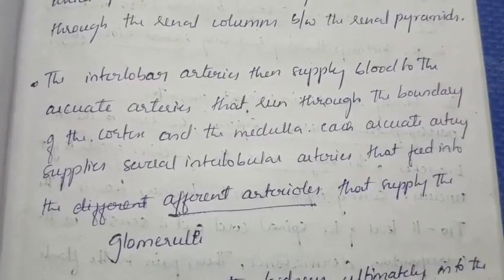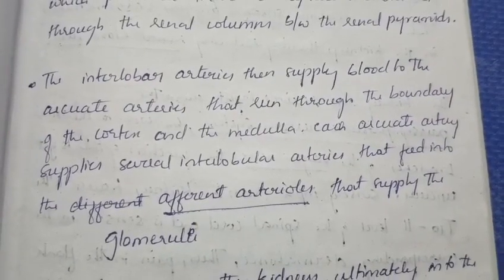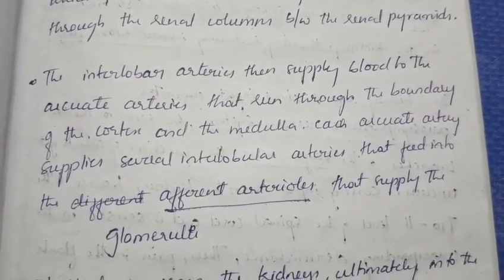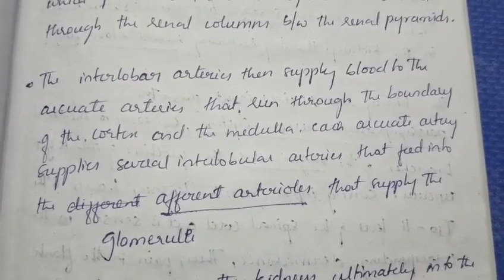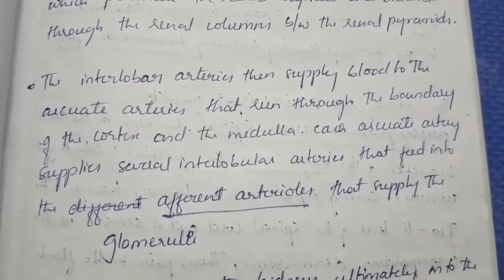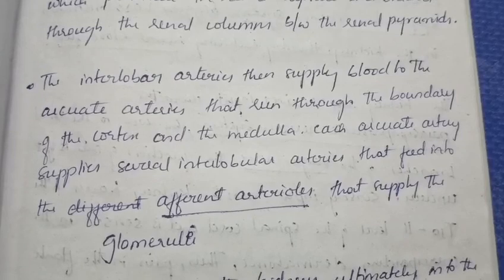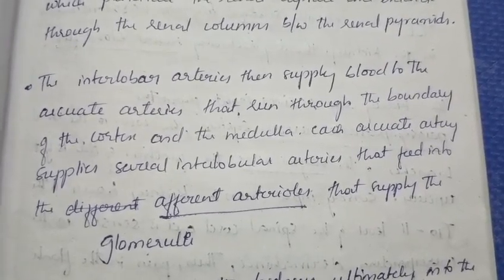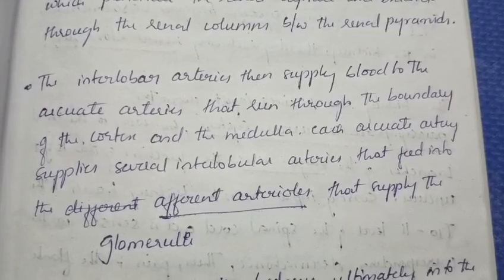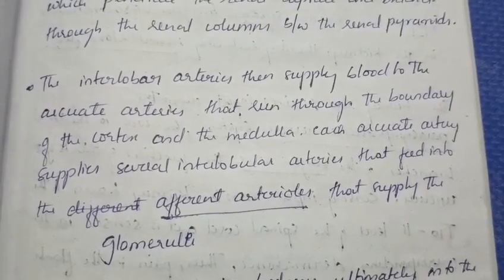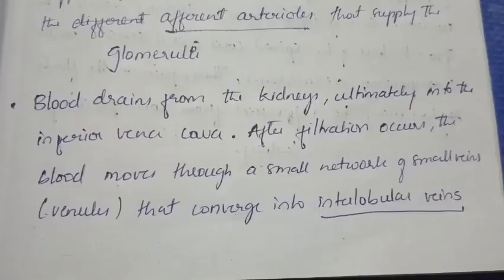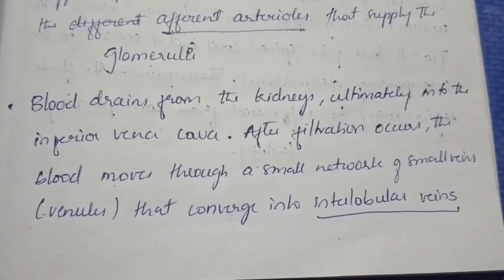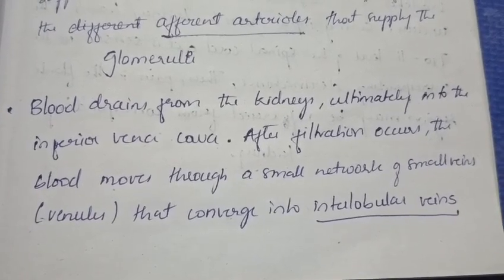The interlobar arteries then supply blood to the arcuate arteries that run through the boundary of the cortex and the medulla. Each arcuate artery supplies several interlobular arteries that feed into the afferent arterioles that supply the glomeruli. Blood drains from the kidney ultimately into the inferior vena cava.